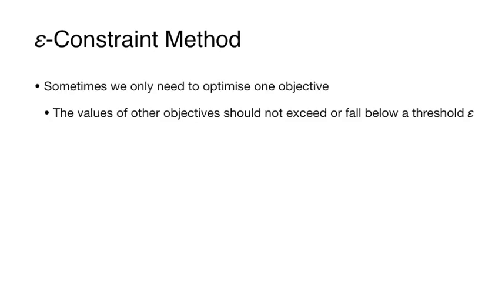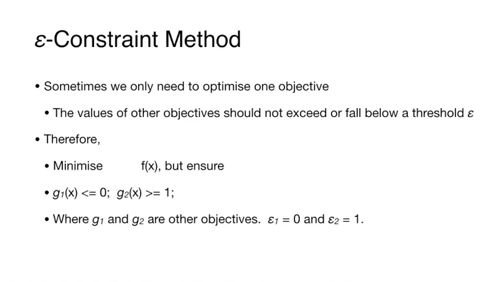Sometimes we only need to optimize one objective, whereas the values of other objectives should not exceed or fall below a threshold, which is represented by this Greek symbol epsilon, this funny looking E symbol here. Therefore, our fitness function tries to optimize only one objective that we call f, or f of x in this case.